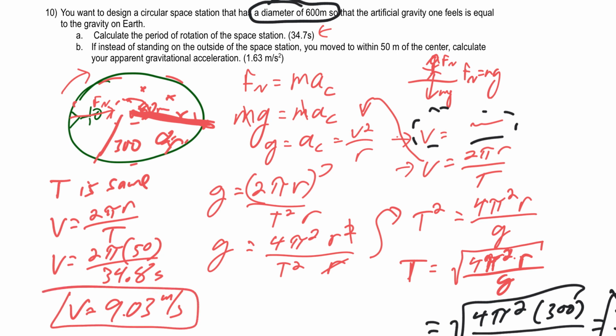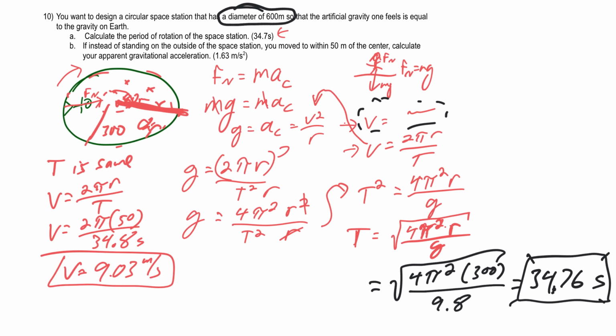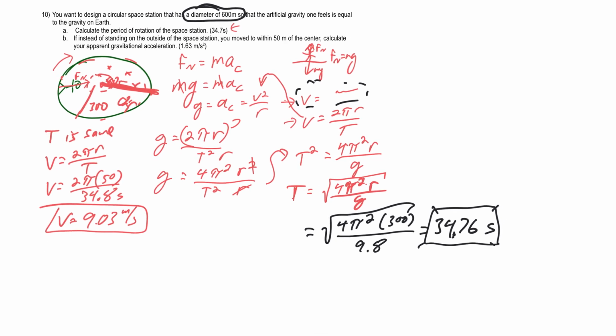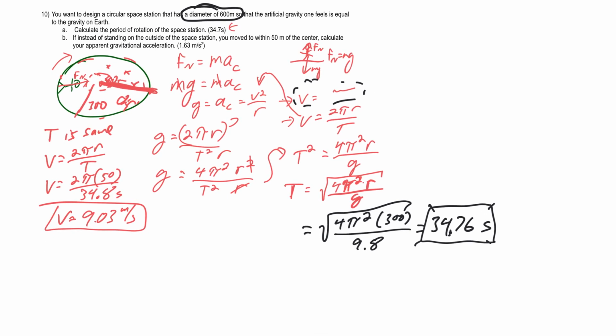Those of you that found the velocity before should notice that it's actually going slower. This is a key concept: the closer you are, the slower you go, because you're traveling a shorter distance in the same time.